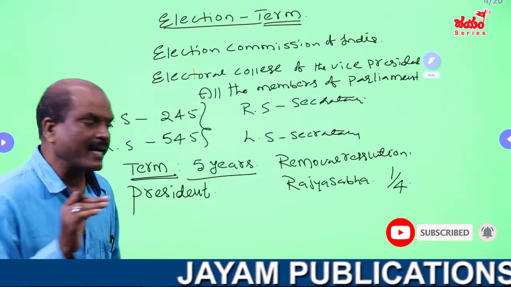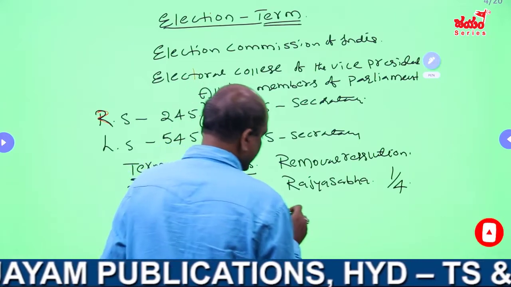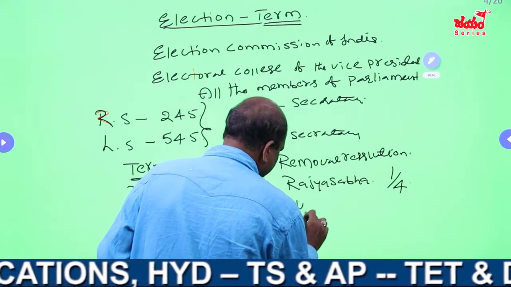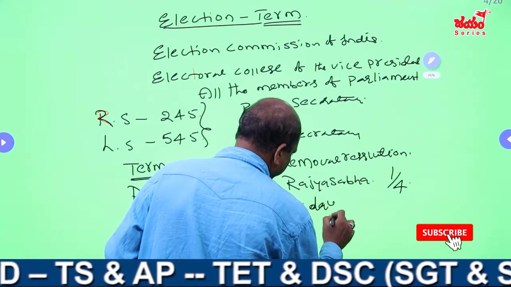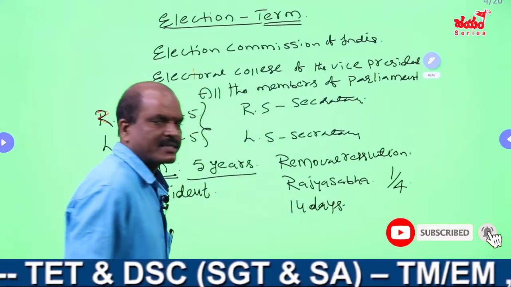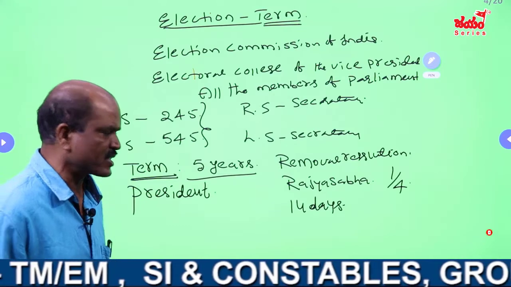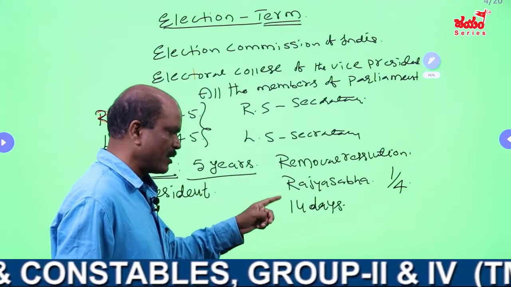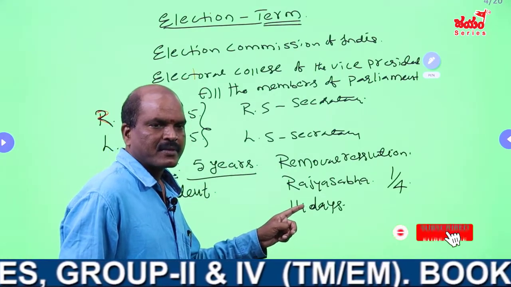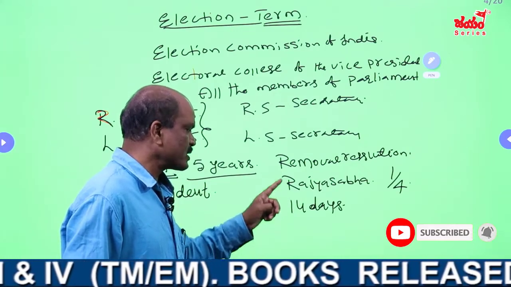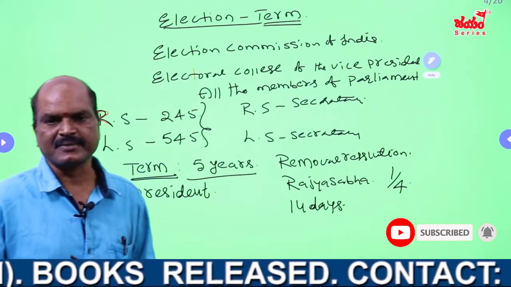We should intimate the Vice President 14 days before. We introduce it firstly in Rajya Sabha with prior notice of 14 days.